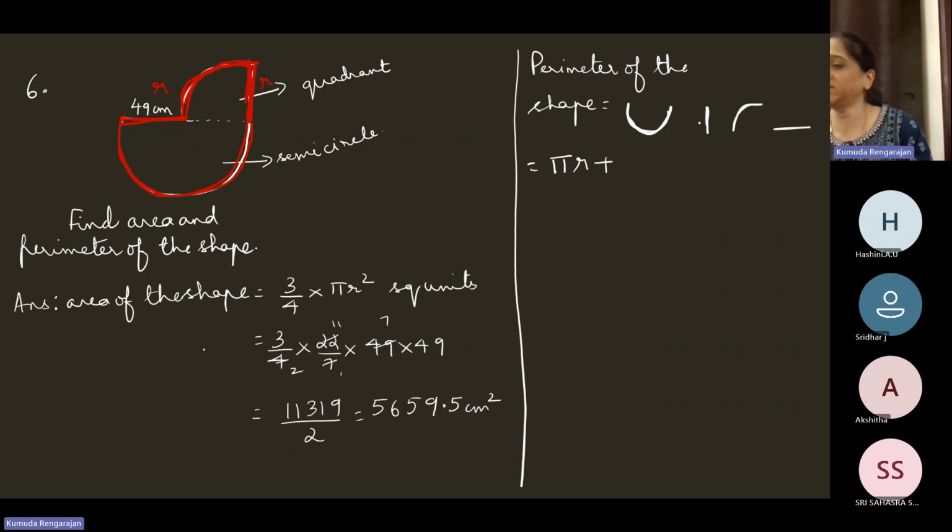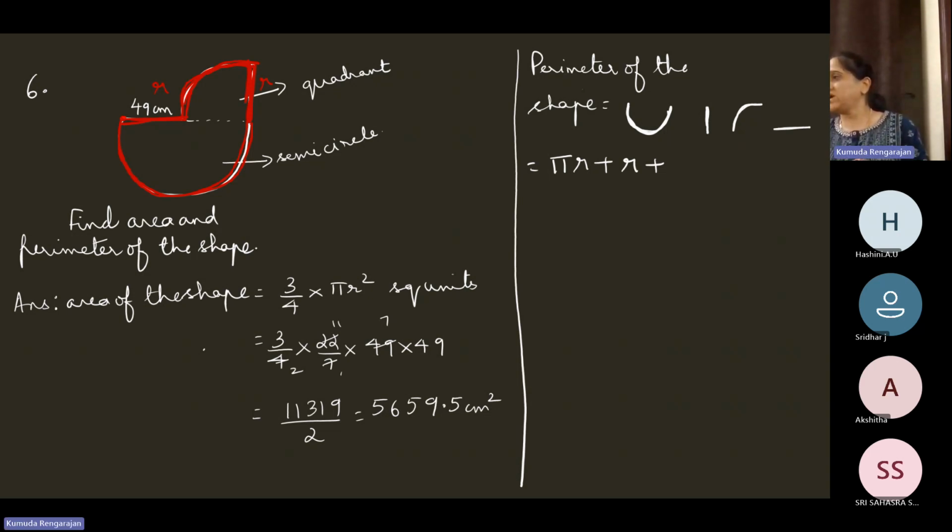Okay, then this line segment is r plus. This one is a quarter of a circle. That arc is a quarter of the circle. So 2 pi r by 4.